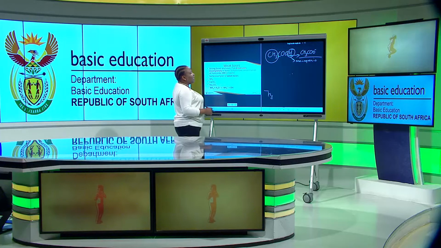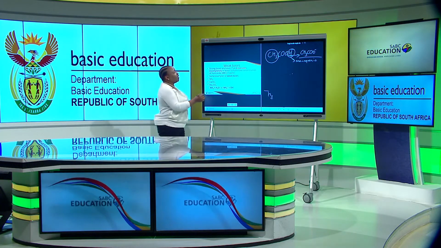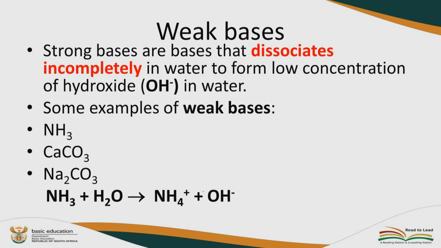Then weak bases, obviously, will be the opposite of the strong bases, because they will dissociate incompletely in water and form a low concentration of hydroxide ions. And these are some examples of weak bases. Now, if you look at ammonia, when it dissolves in water, according to this reaction, what is going to happen? Ammonia is going to be the base, and water will react with this base.